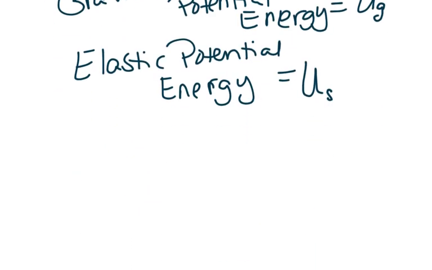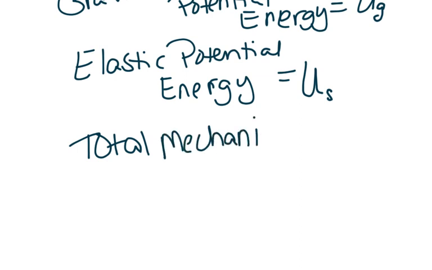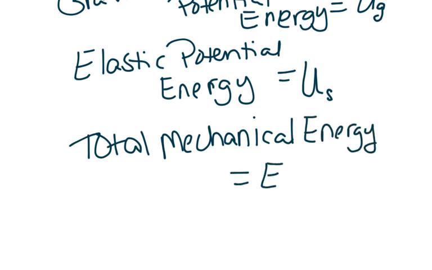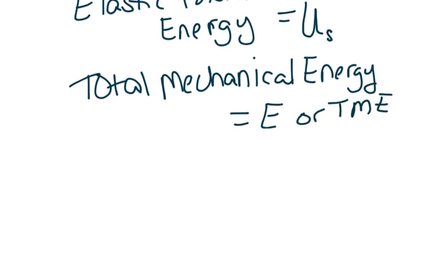Let's see. We talked about total mechanical energy, and I will let you use for variables for that either just E for total energy or TME for total mechanical energy.